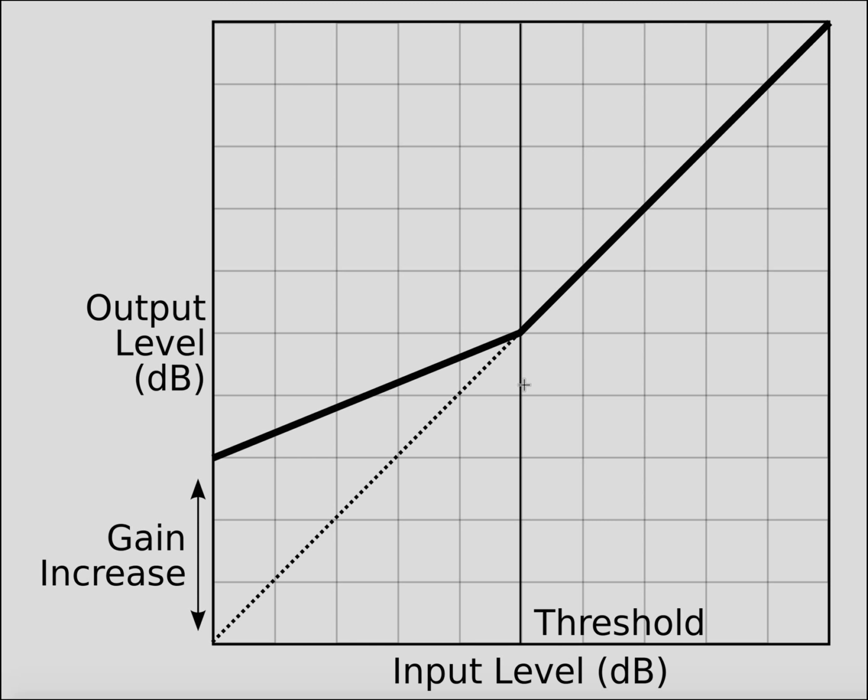Threshold is indicated here. That's the level at which the expansion kicks in. And on this graph, they also note the amount of gain increase. They don't really show 2 to 1 or 4 to 1 or infinity to 1 ratio on this graph like they did on the other one. But we get the concepts at this point, so it's really not necessary.